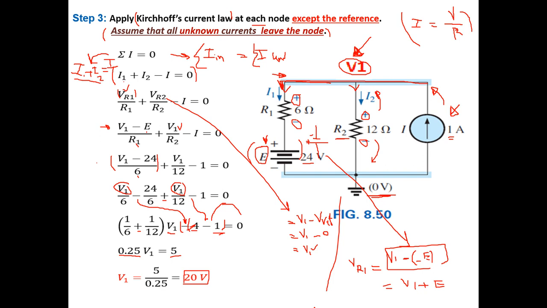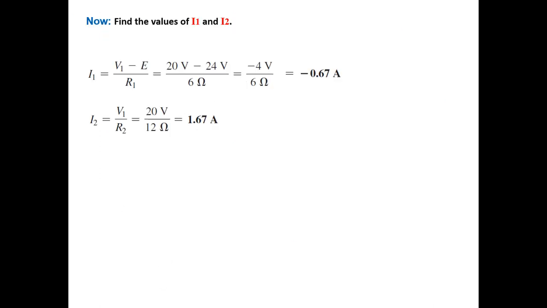So let's go back to our example here. He asked us to find I1 and I2. We already found the voltage of the node, which is 20 volts. To find I1, we know that I1 is equal to V1, the nodal voltage, minus the source, which is the potential difference between its terminals, over the value of its resistance.